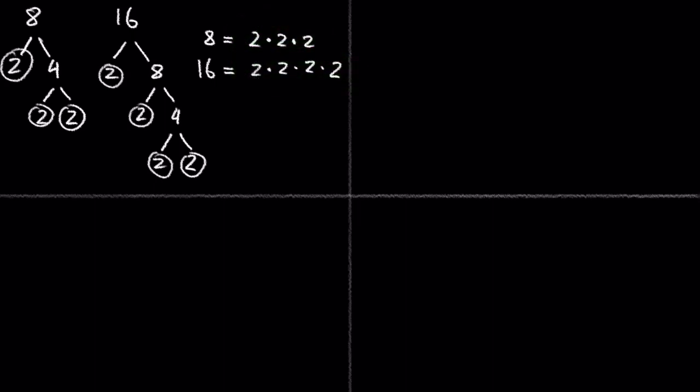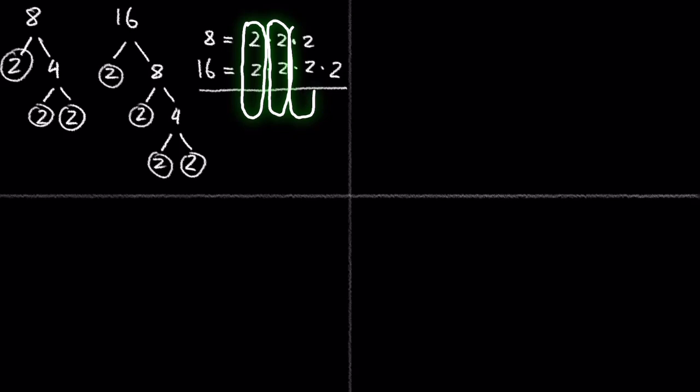The next step is to find common prime factors between these two numbers. We find the common factors of 8 and 16 by writing the factors from each column once in the next line and multiply them together.